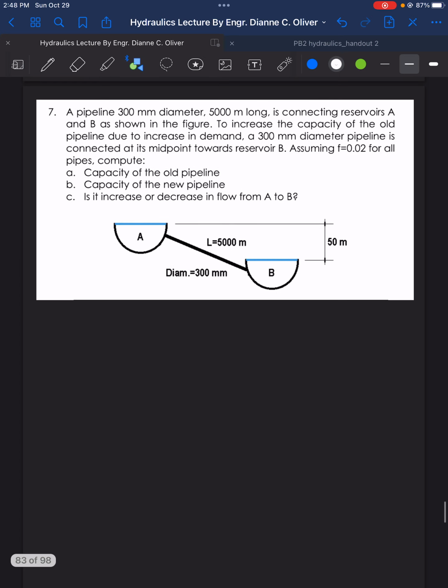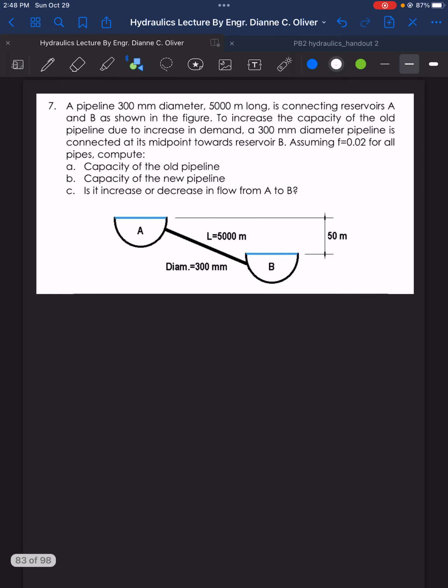Let's go to example number 7. A pipeline 300 millimeters diameter, 5,000 meters long, is connecting reservoirs A and B as shown in the figure.